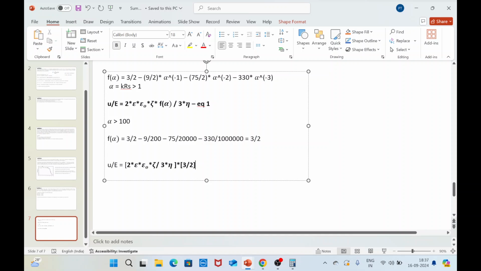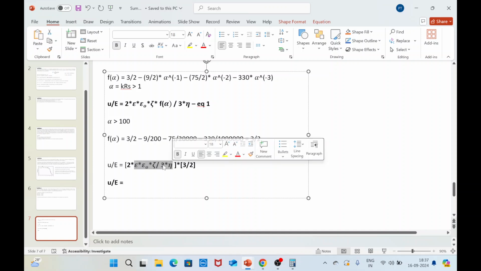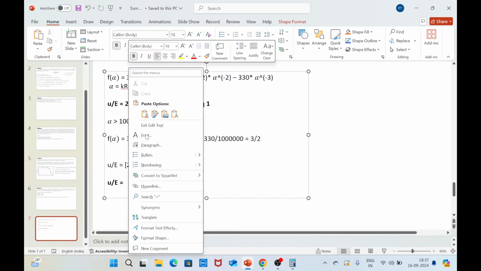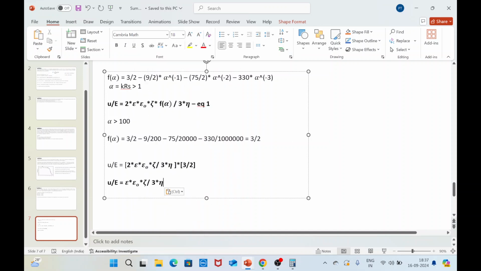If you do this multiplication, then you will get u by e as nothing but epsilon naught times zeta potential by viscosity of the electrolyte. So you arrive at this equation, which is nothing but the Smoluchowski equation. So from this Henry's equation only it is derived.